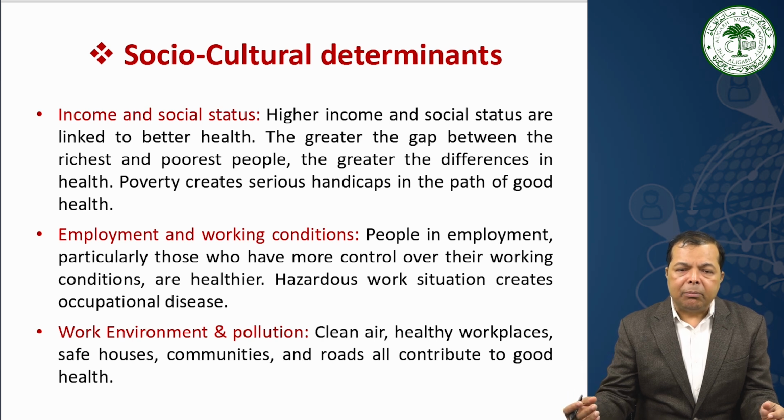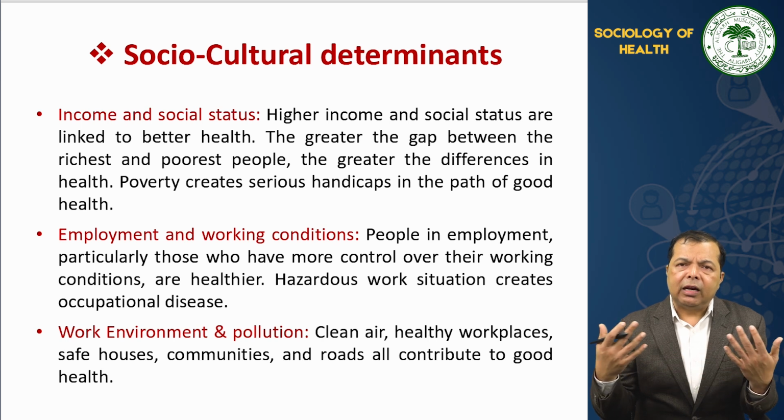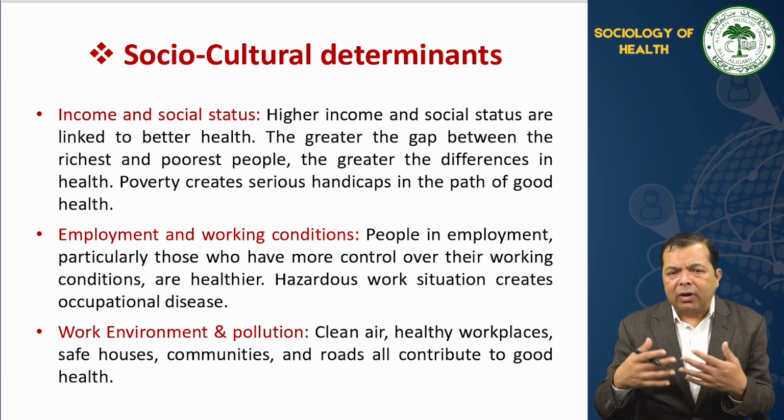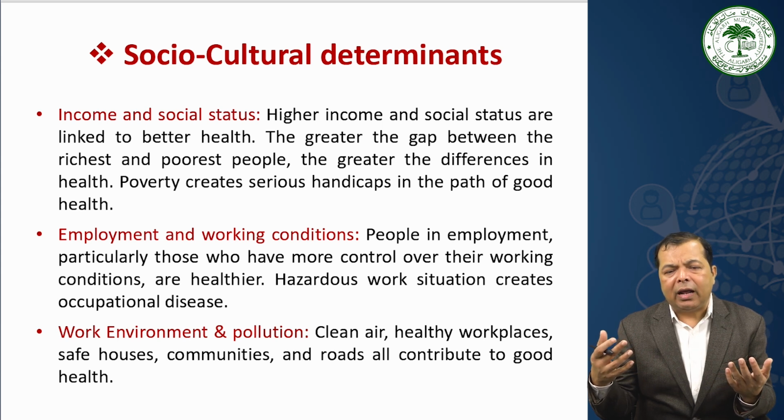Then employment and working condition. If income is very important, then the source of that income is employment. That means employment is again a very important social determinant. And then the working condition, because employment is prevailing in different forms. In India, for that matter, we have the organized sector and the unorganized sector. So the work condition in the unorganized sector is not very good, rather very poor, very different from the organized sector.